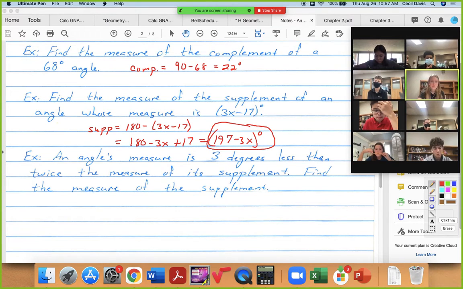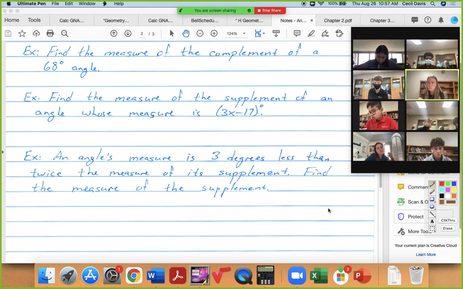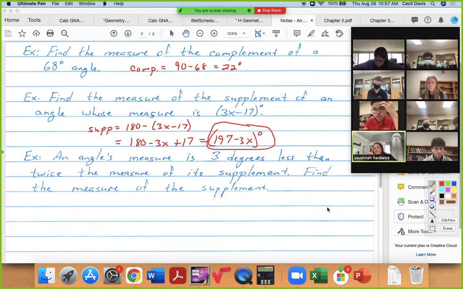All right, now let's look at a word problem. This is another, yes, sir. I'm sorry, say, okay. So the supplement of an angle is 180 minus the measure of the angle.